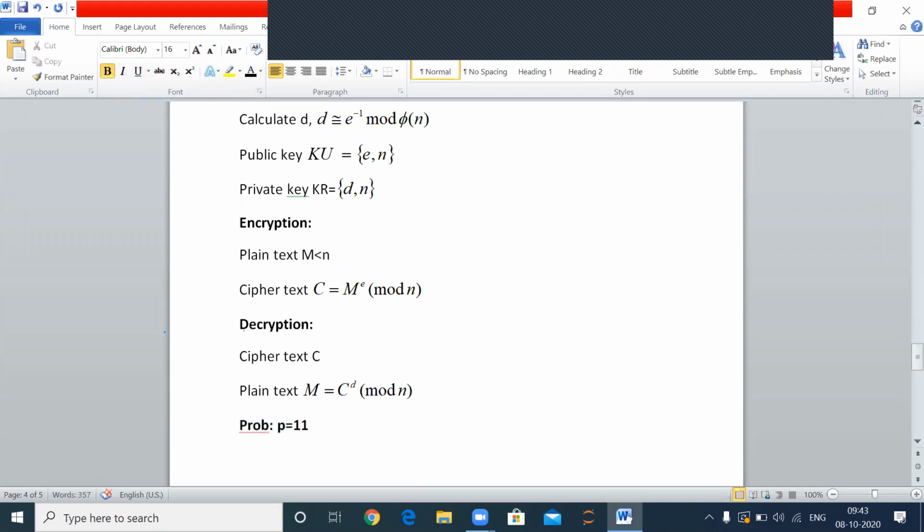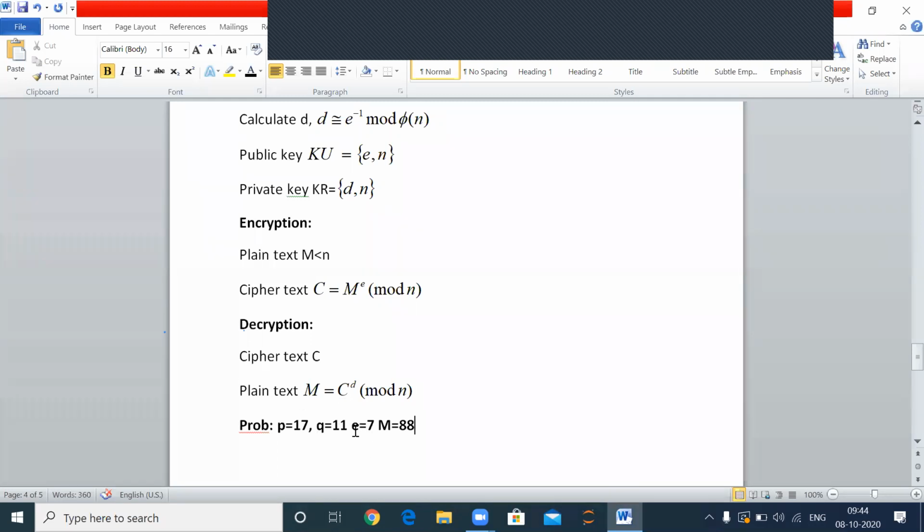P is equal to 11. Sorry, P is equal to 17. We have to take P is equal to 17, Q is equal to 11, E is equal to 7, M is equal to 88. M is the plain text.